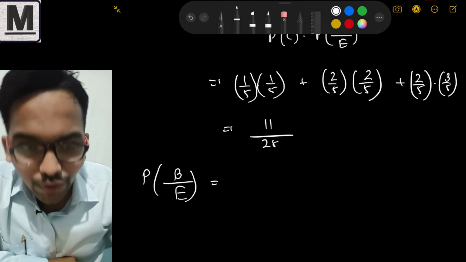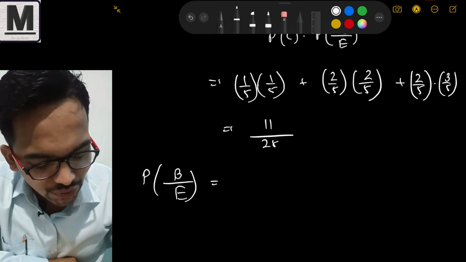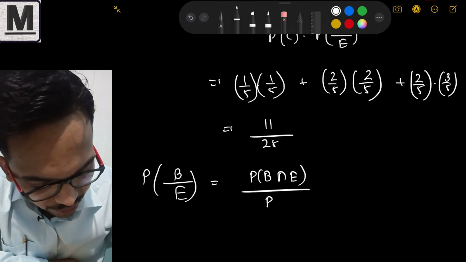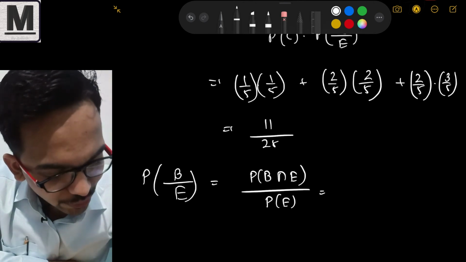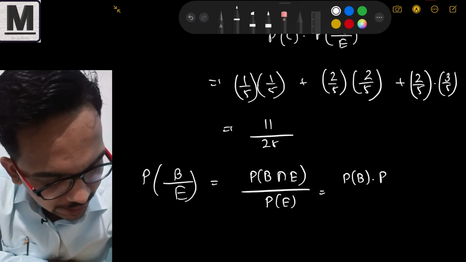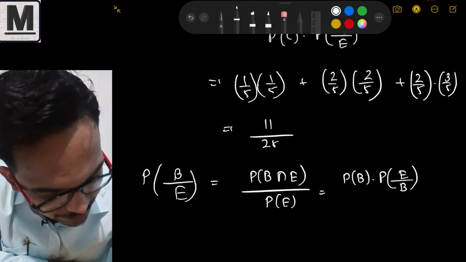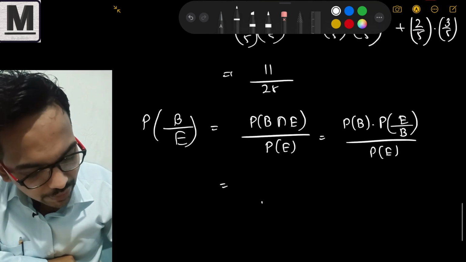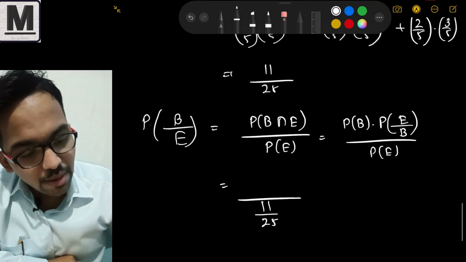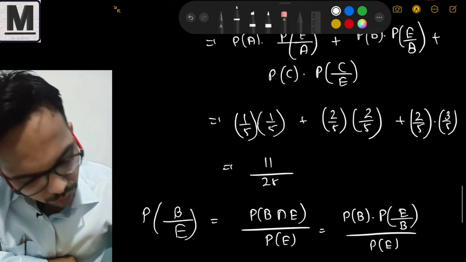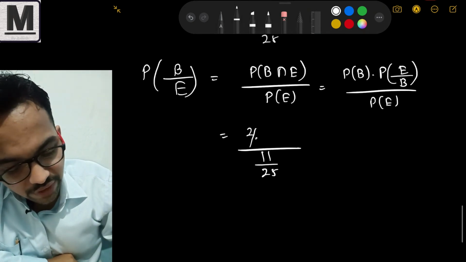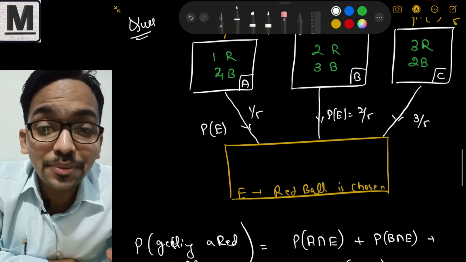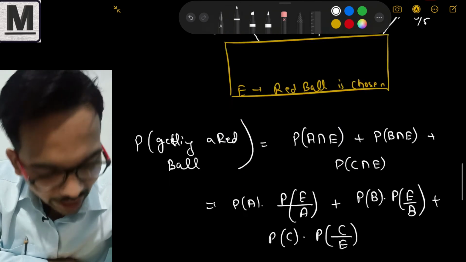You can apply the conditional probability formula: probability of B intersection E over probability of E, which is probability of B times probability of E given B over probability of E. You have just calculated that probability of E is 11 by 25. The probability of selecting bag B is 2 by 5, and getting a red ball from bag B is also 2 by 5.